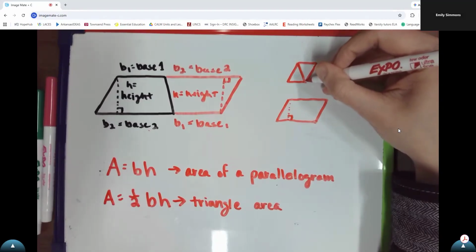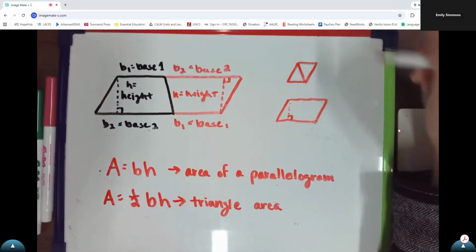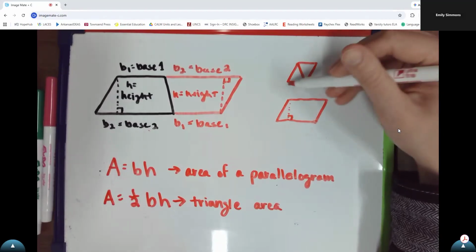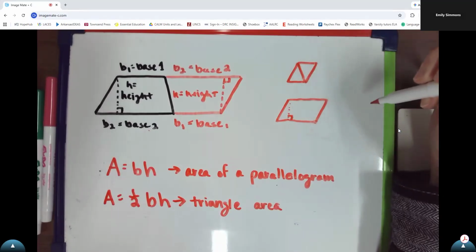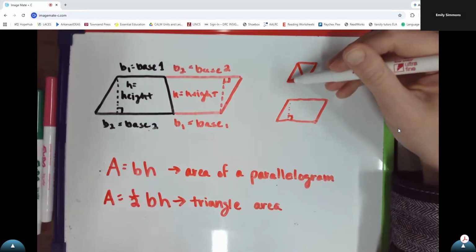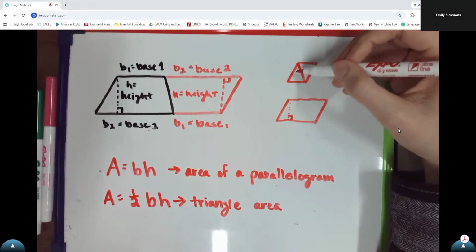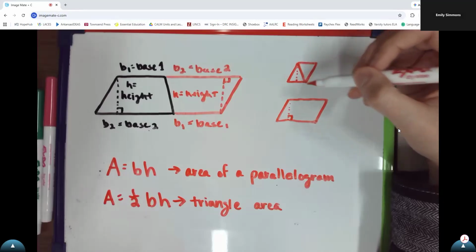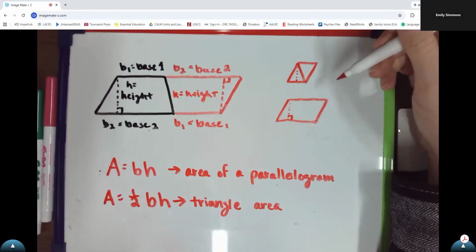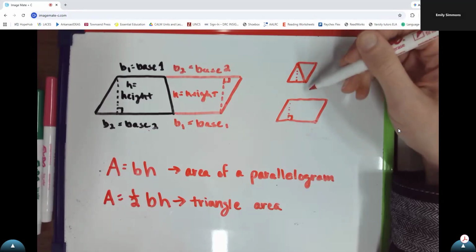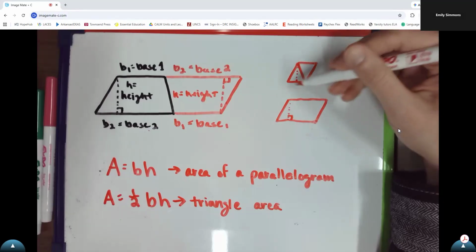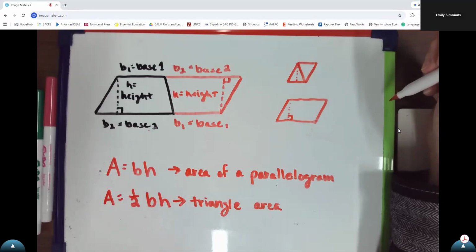So if I had the same triangle flipped upside down and put them together, I have a little skinny parallelogram here. So they take the base and multiply that by the height of the triangle, and then they cut that in half because that triangle is half of a full parallelogram.